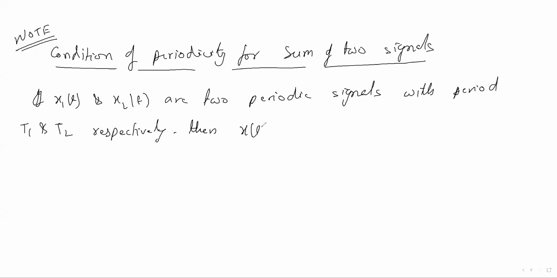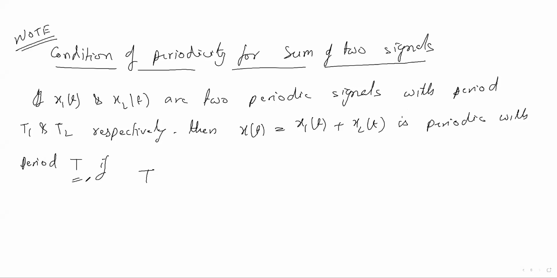Means x of t equal to x1 of t plus x2 of t is a periodic signal. The sum of the signals will also be a periodic signal. The condition is that T, the resultant period after the sum, the period of x of t, should satisfy N into T1 or M into T2.